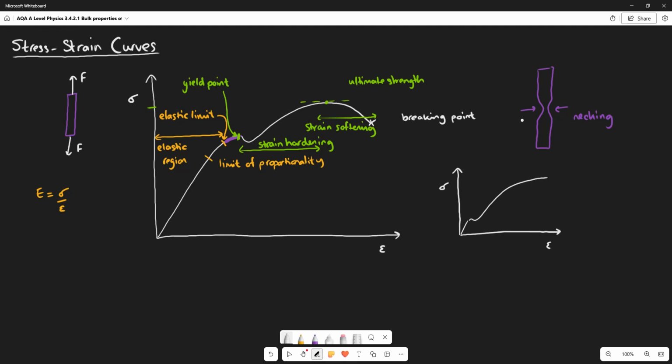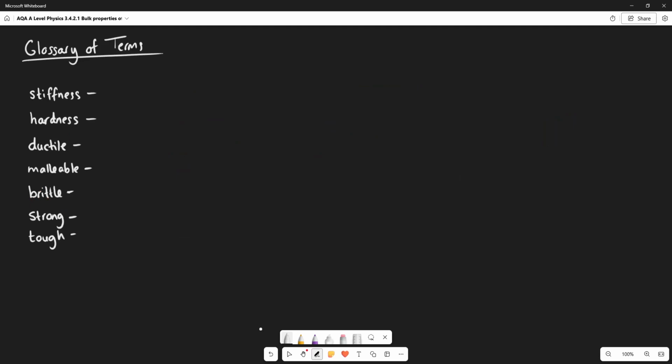There are lots of different terms to describe the stress-strain behaviours of different materials. For example, stiffness refers to the spring constant. It is the difficulty in stretching an object.